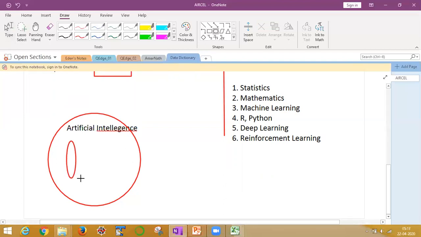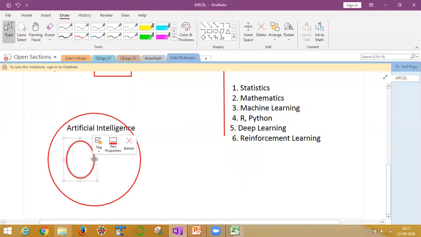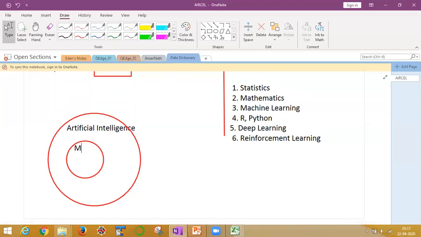So in that artificial intelligence, we are somewhere in the middle, learning machine learning. How are you making your machine a learned machine?